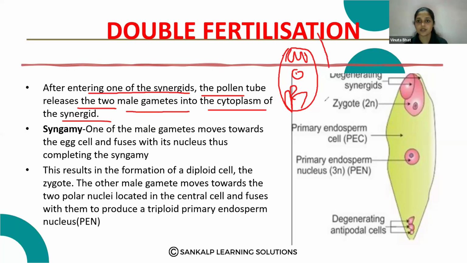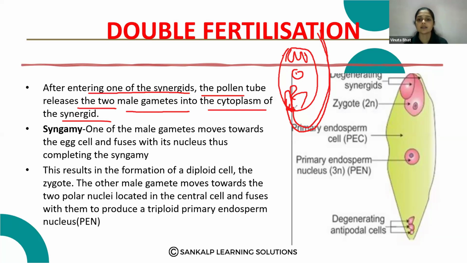So when the pollen tube enters the micropylar region through the synergids, this pollen tube, you already know, has the two male gametes. The pollen tube releases the two male gametes, which are released by the generative cell, right?